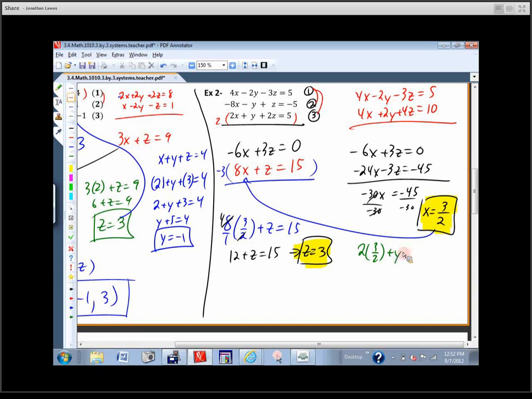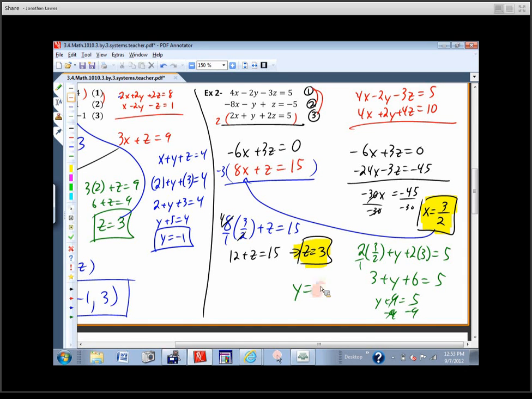So 2x, that's 3 halves, plus y, plus 2 times 3 equals 5. What is 2 times 3 halves? 3. 2 over 1, cancel the 2's, we end up with 3 plus y plus 6 equals 5. Y plus 9 equals 5.